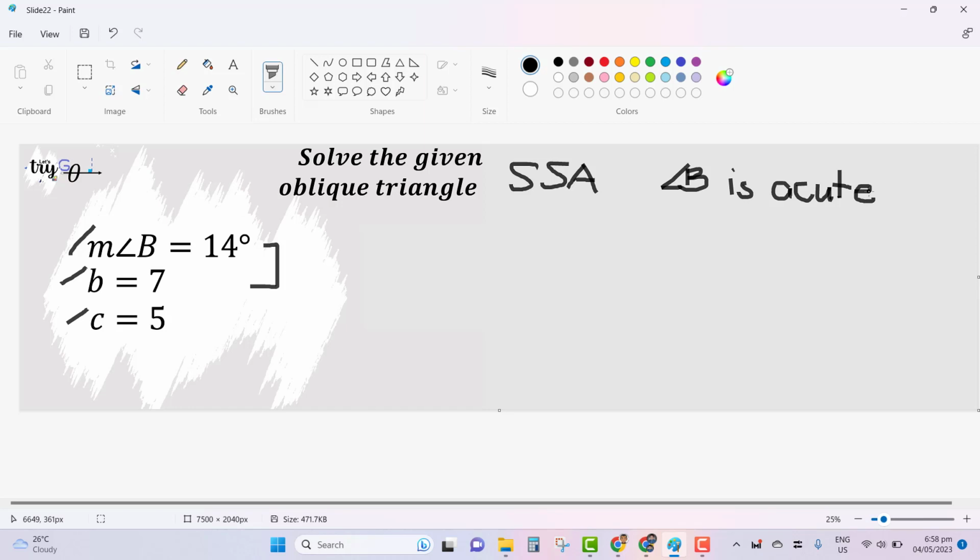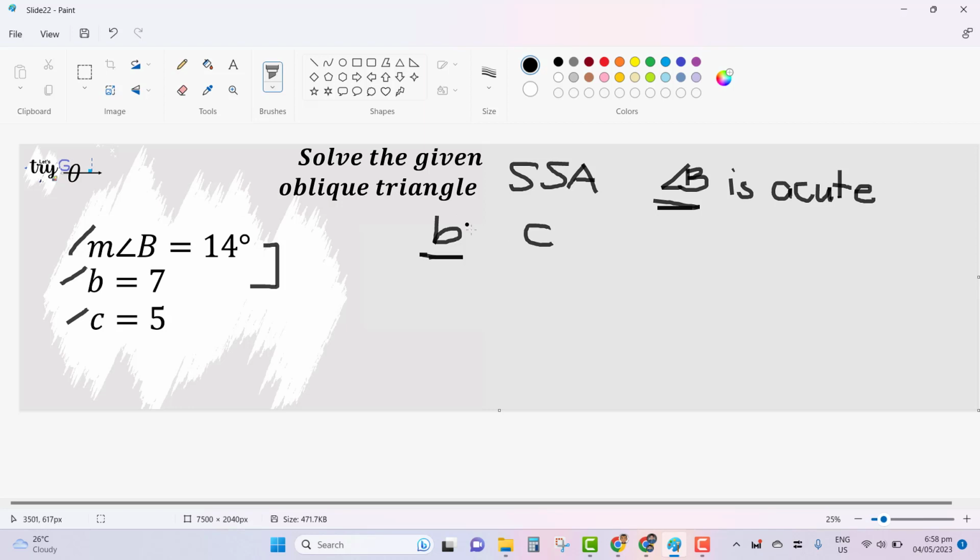Now, since angle B is acute, we need to determine the relationship between the sides B and C. Side B is opposite the given angle, so we need to look at the relationship of the two.